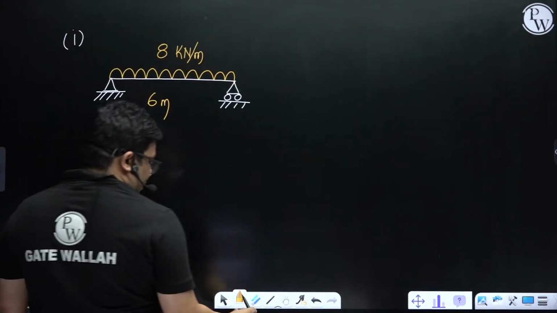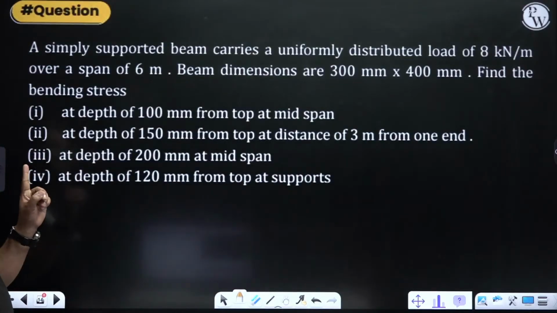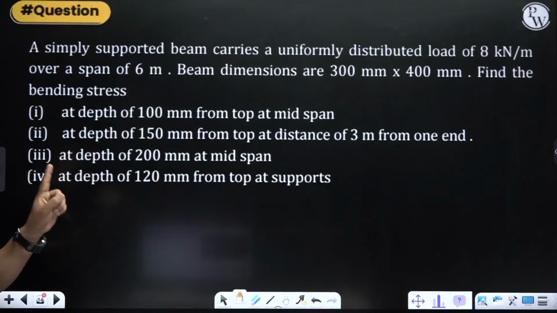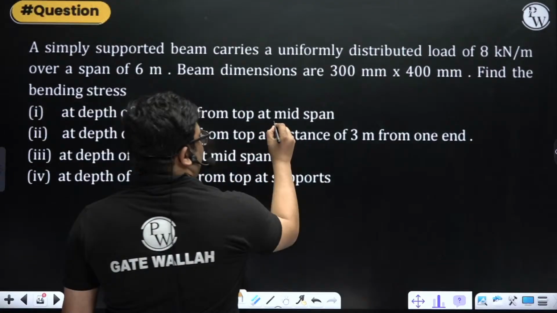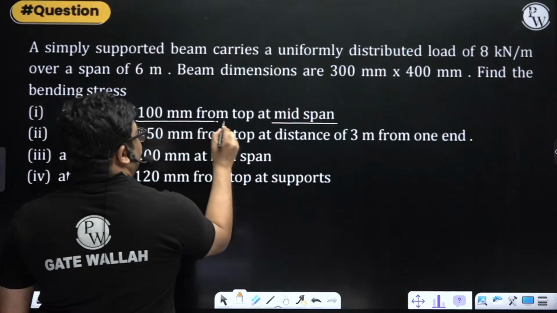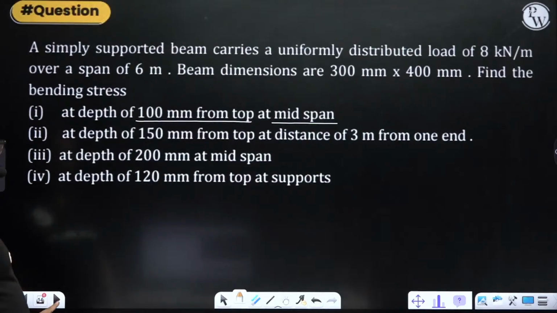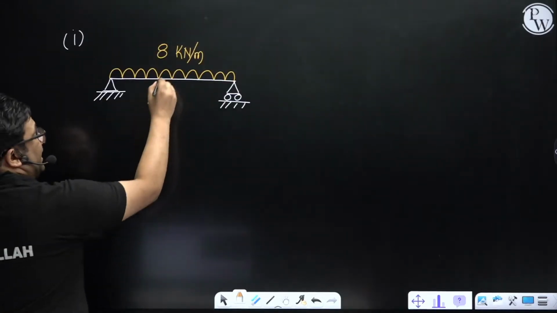Very good. Now, what is asked? It is asked at a depth of 100 mm from top at mid span. First, it is written at mid span and then 100 mm from top. Two pieces of information are given. Now, at mid span means what?